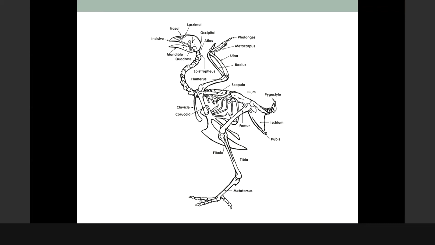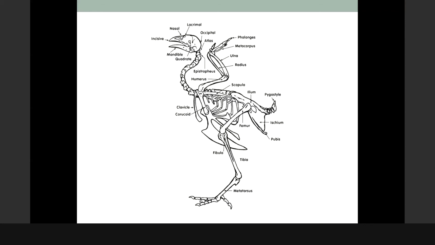As you may see here, avian anatomy is quite unique. Basically, all their long bones are hollow bones and they can easily fracture. And some of them are quite unique in comparison with mammals.